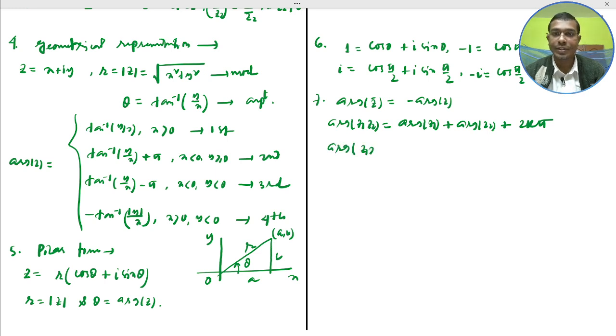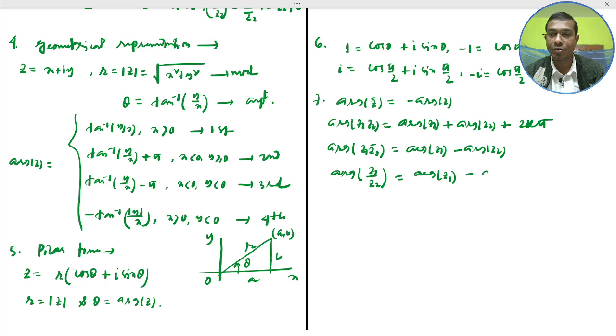Argument of z1 times z2 bar is equal to argument of z1 minus argument of z2, and the last one, argument of z1 by z2 is equal to argument of z1 minus argument of z2.